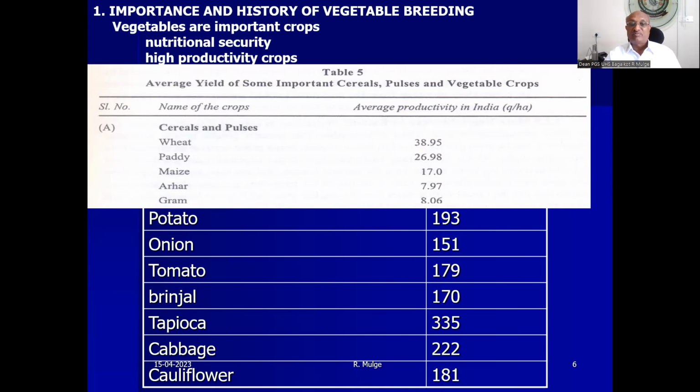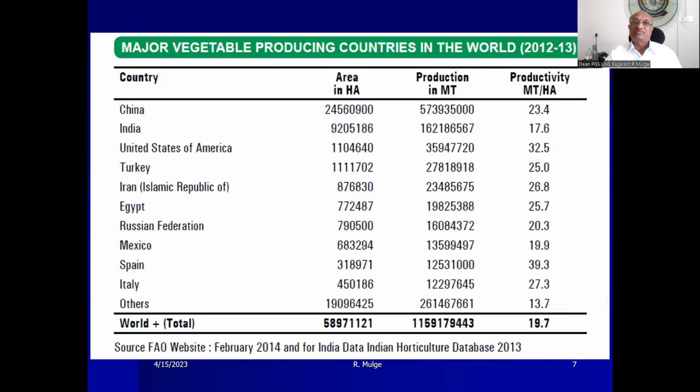So definitely they are important, and breeding of these crops is very important. Among the major vegetable producing countries in the world, the number one is China, with maximum area and also production. India stands second, and then the United States.